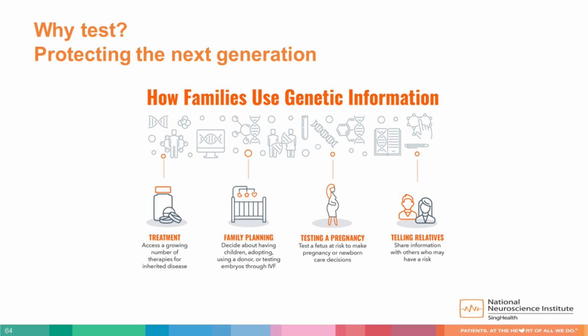And even if there is no cure, because 50% of the time if you have a child there's a risk of passing this disease on, there's also the option of family planning. Do we want to do an IVF pregnancy to make sure TTR doesn't get passed down to the next generation? If you're already pregnant, do you want to do some sampling to see whether the baby has this TTR condition? These are all options we can discuss and that are available medically now.